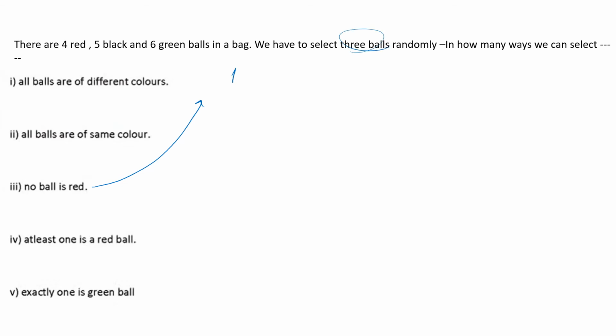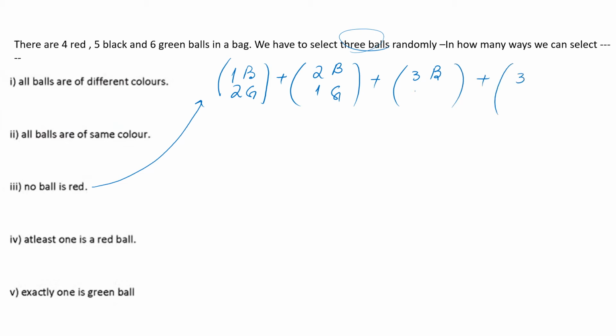You will select one black and two green balls, or two black and one green ball, or three black balls and no green ball, or all three green balls. So this is the only situation we could ever have.